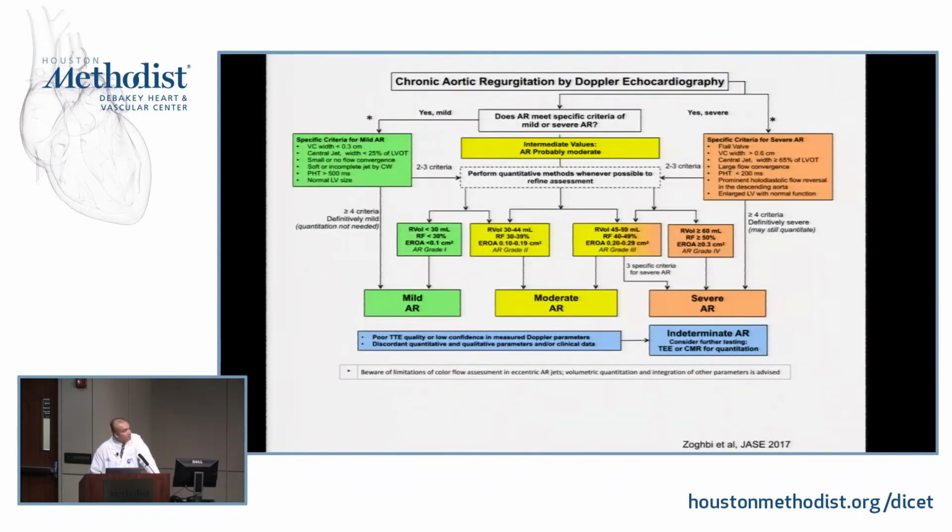Now, what about for aortic regurgitation? So again, the guidelines will point out that when you're using echocardiography, if all your parameters line up, it's pretty clear-cut mild. If all your parameters line up on the severe side, it's pretty clear-cut severe. But in cases where there's discrepancy or things don't quite line up, that's when you may want to move on to additional testing.